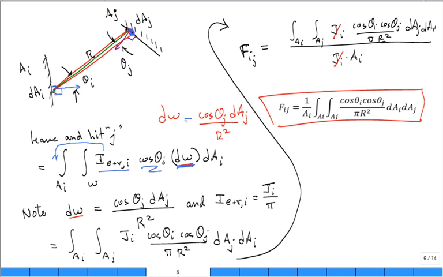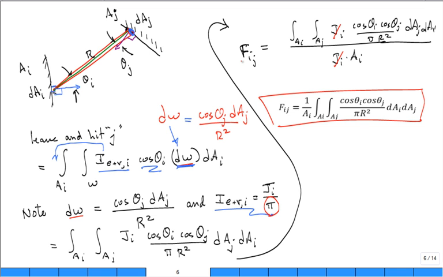Put the equal sign there. So you substitute that in there. And then again, we're just going to use the radiosity and note that this I is constant. And so we have J times the cosine theta I, cosine theta J divided by pi r squared. So the pi comes from this term.